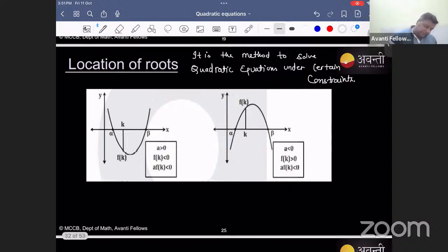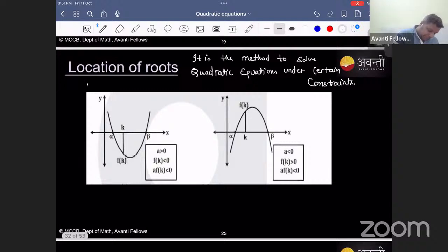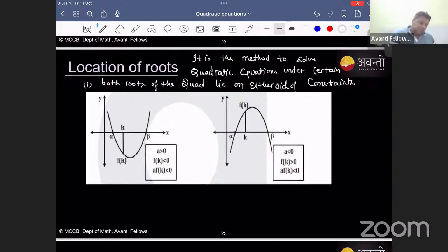Now, what can be the constraint? Like the first case is both roots of the quadratic lie on either side of number k.